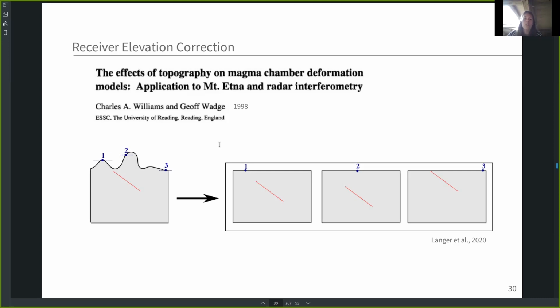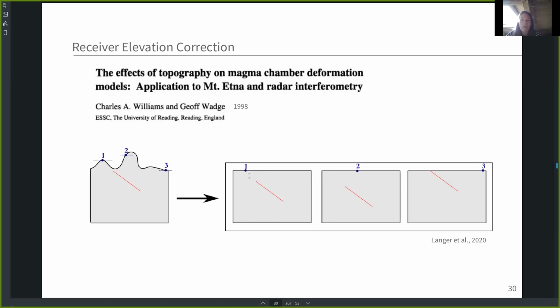The first one is related to the distance between the receiver, so the data, and the source, so the fault. And the second one is related to the effect of the shape of the topography, so the gradients. The methodology they propose is to account for the distance between the receiver and the source. To do that, you simply have to shift or modify the depth of the source. So that's what is represented here.